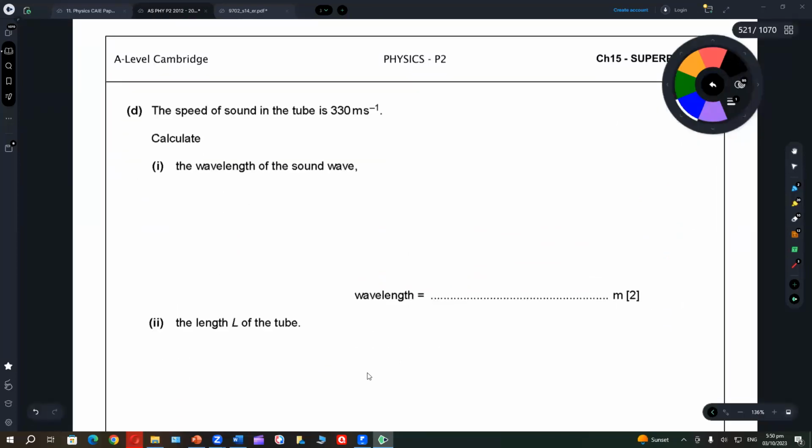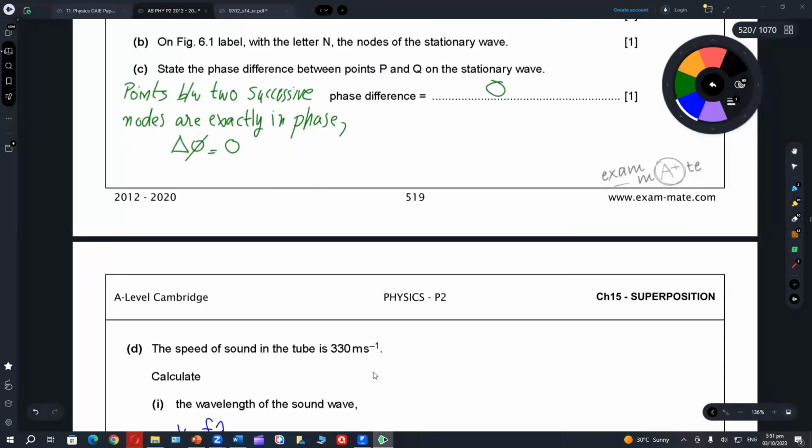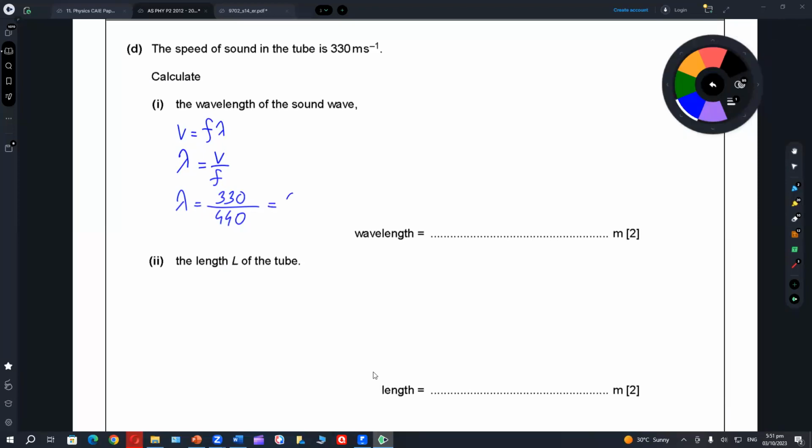So V divided by F will be 330 divided by 440. So that'll be 0.75.